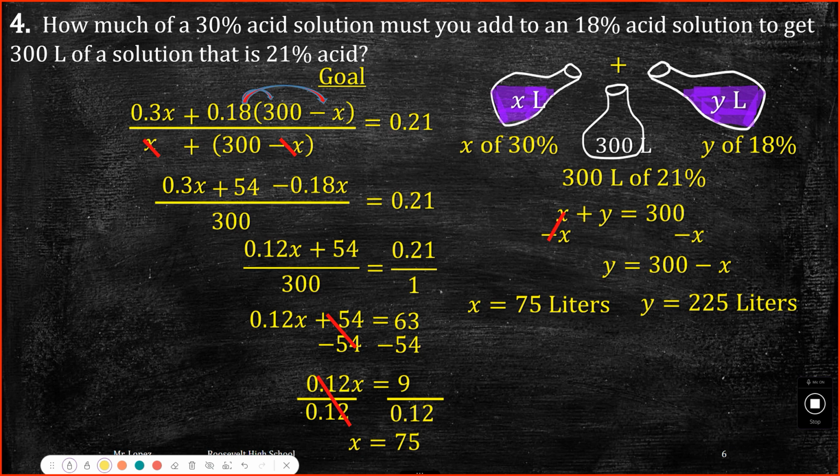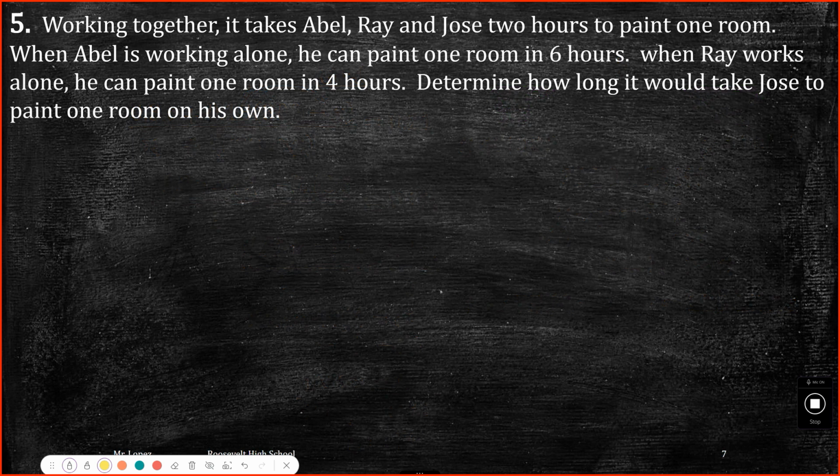Let's go to number 5. Problem number 5, working together, it takes Abel, Ray, and Jose 2 hours to paint one room.